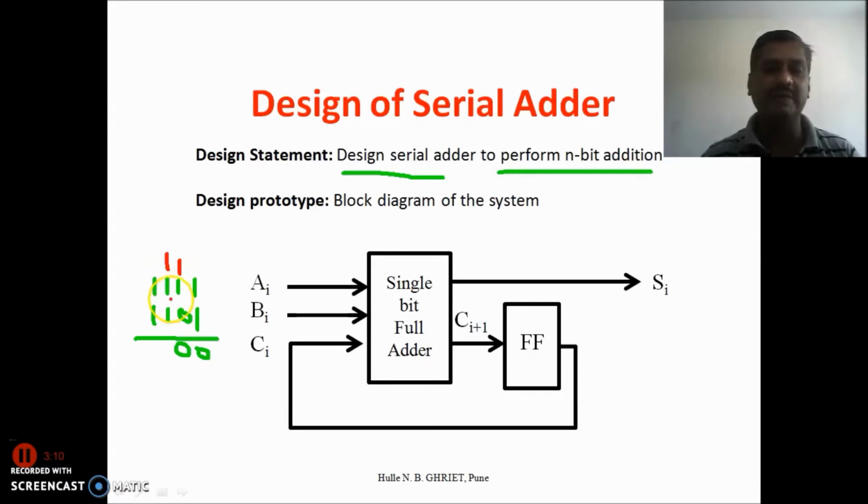Finally, we are adding 1 plus 1 plus 1, which is 3, and here the sum is 1 and again the carry is 1. And then finally, 1 plus 1 plus 1 is again sum 1, and finally we have the carry as 1. This is the summation, and the initial carry is always 0.